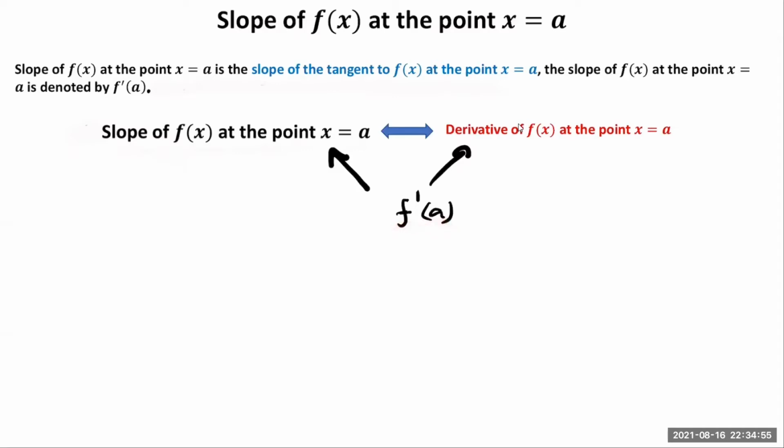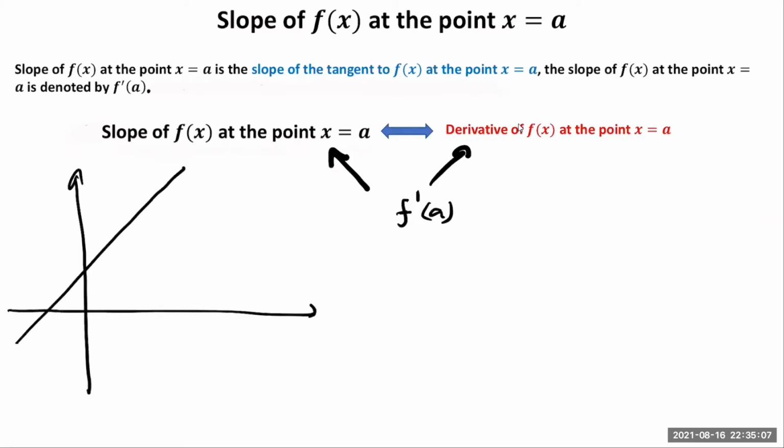All right, let's try to understand this geometrically. Suppose you are given the graph of a straight line. Say this is y is equal to f of x. This is a straight line. If this is a straight line, we all know from your pre-calculus that it has a constant slope, right?